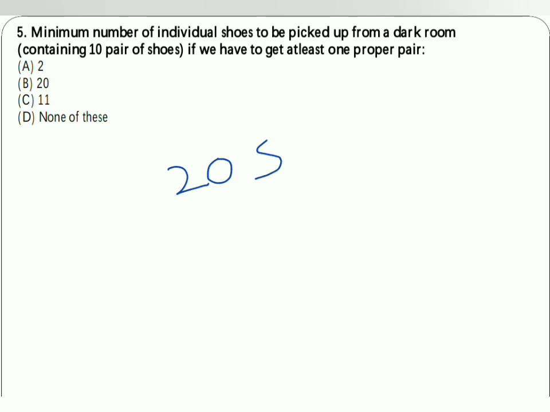Suppose I draw 10 shoes, but even then I didn't find a proper pair. Then I will draw another shoe, that is plus 1. So this is the minimum number needed to get a pair.